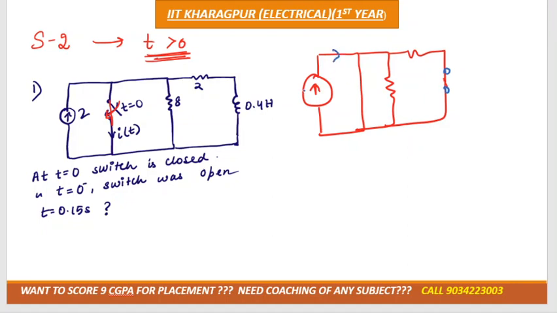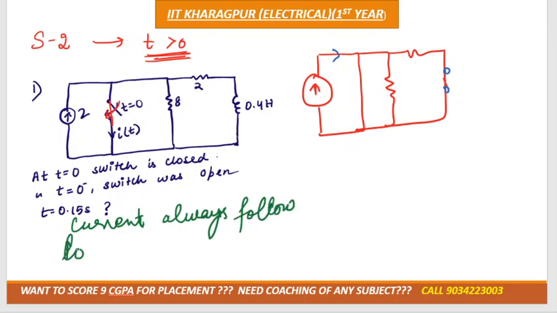Now as you can see, remember I told you in the Norton theorem that current always follows the low resistive path. What does it mean? That if current is having two options, like current is moving from here, it can follow the plain path or it can follow the resistance path.